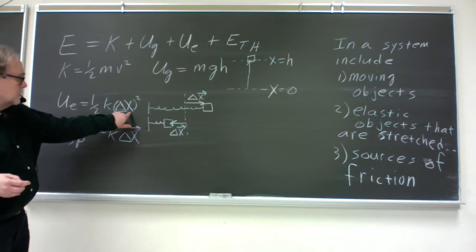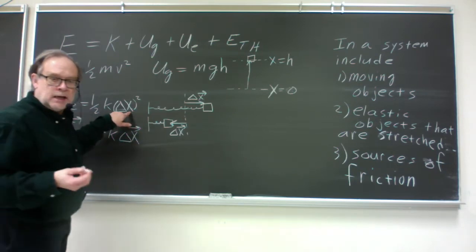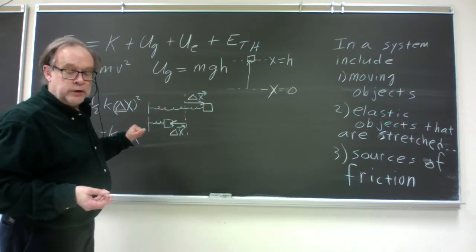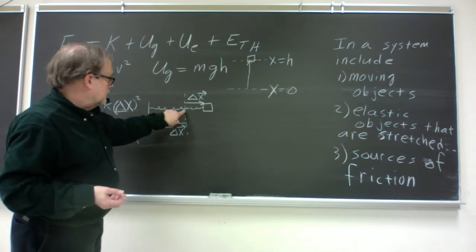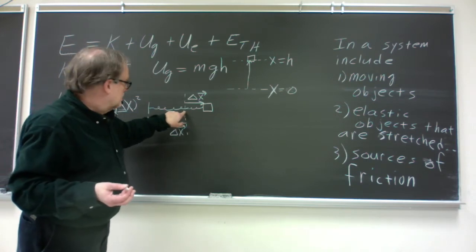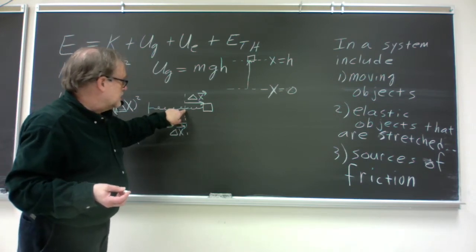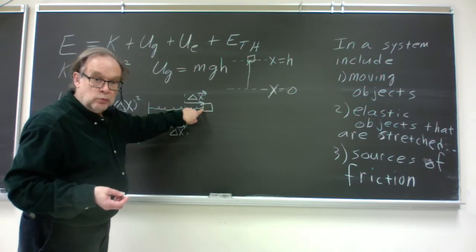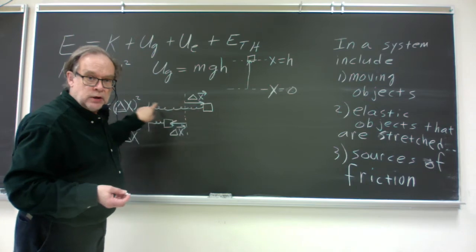And then this is the size of the displacement away from equilibrium, or what amounts to the same thing, the displacement of the free movable end of the spring.